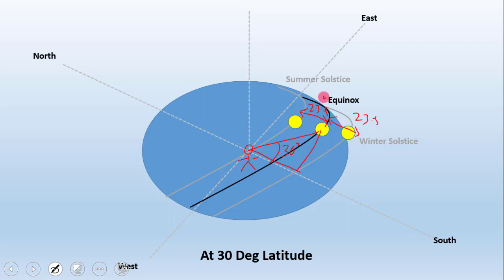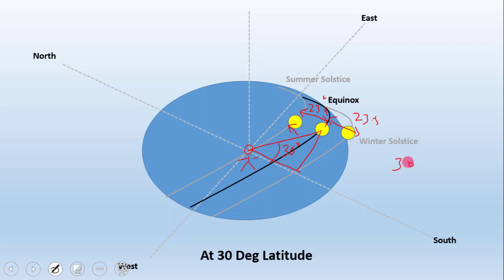So we have found our answer to the question, which is 30 degrees at 30-degree latitude. But suppose the question is what would be his angle at the summer solstice. What we will do is add 30 degrees and 23.5 degrees.